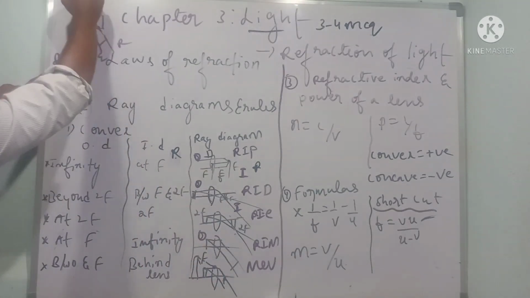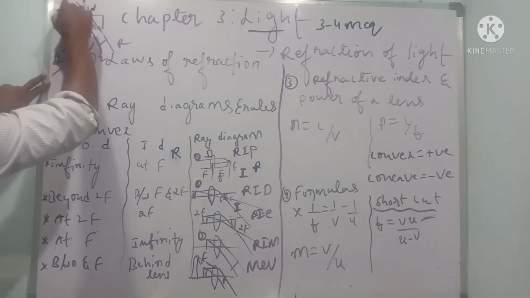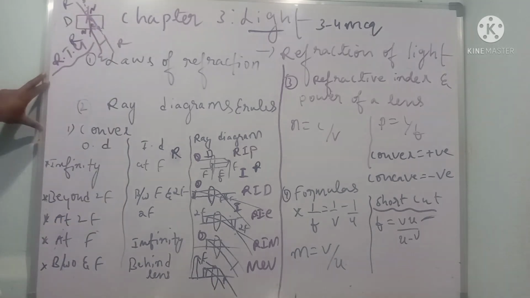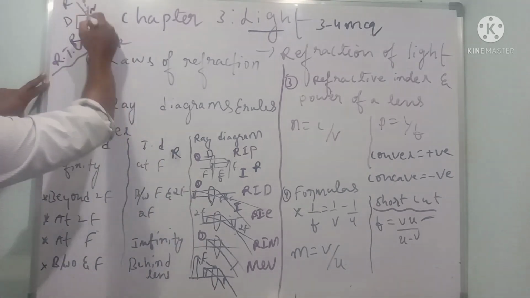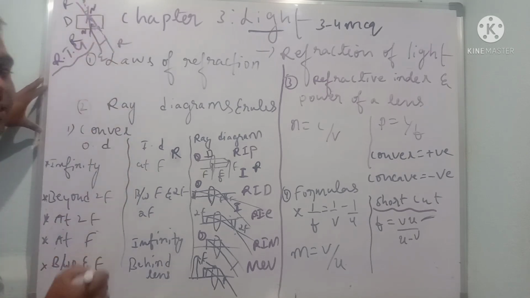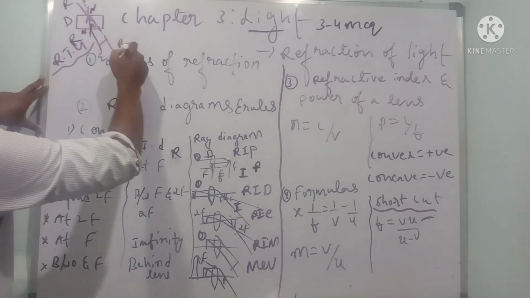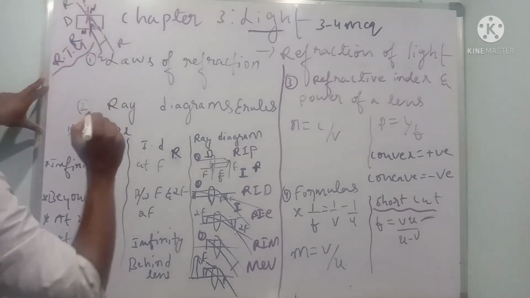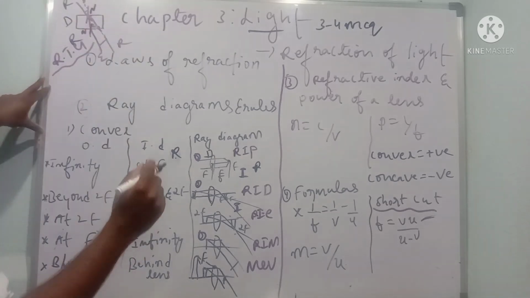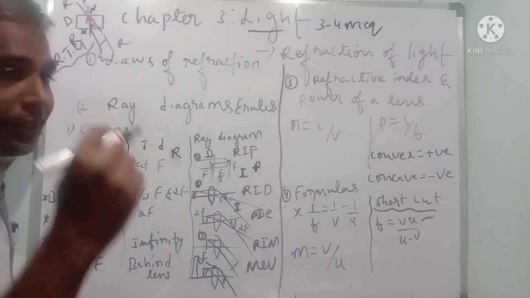Now here, rarer medium, denser medium, rarer medium. When the light falls here and refracts and changes direction and comes here, that is the refracted ray, and this one is the emergent ray. Due to these two rays, the words will be slightly magnified.